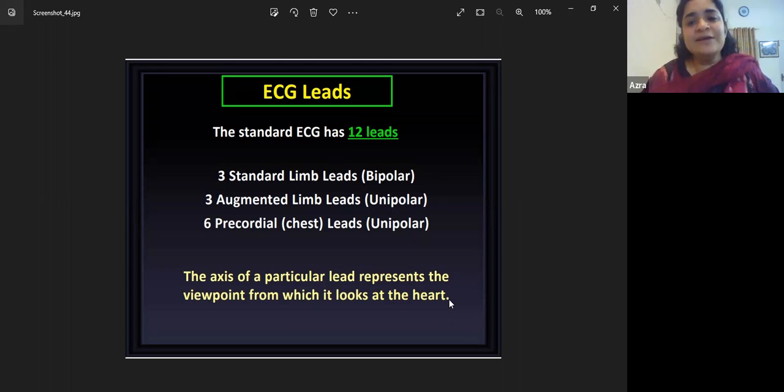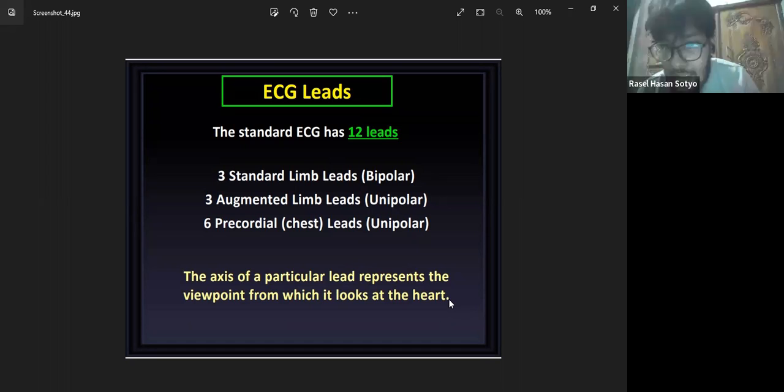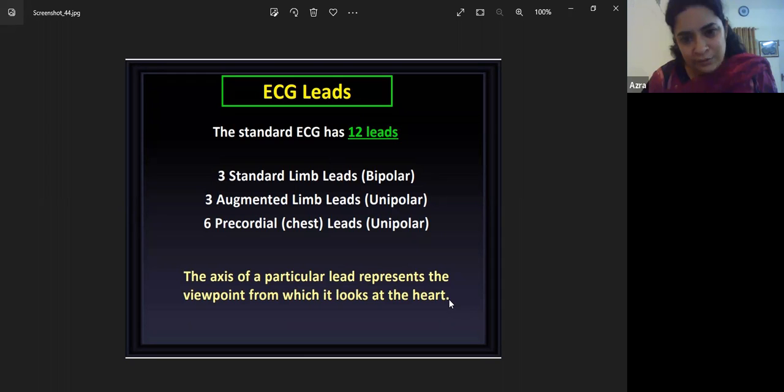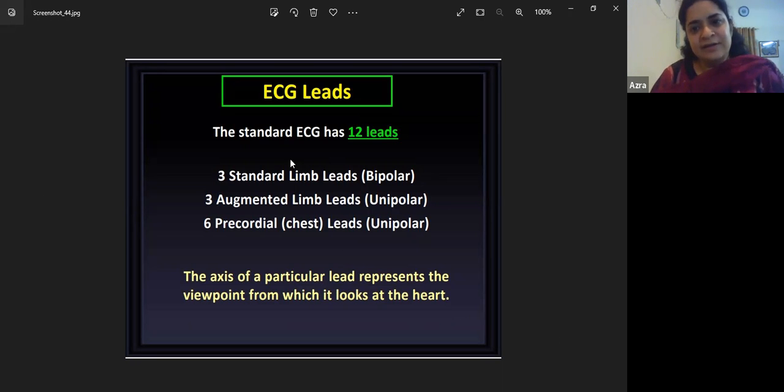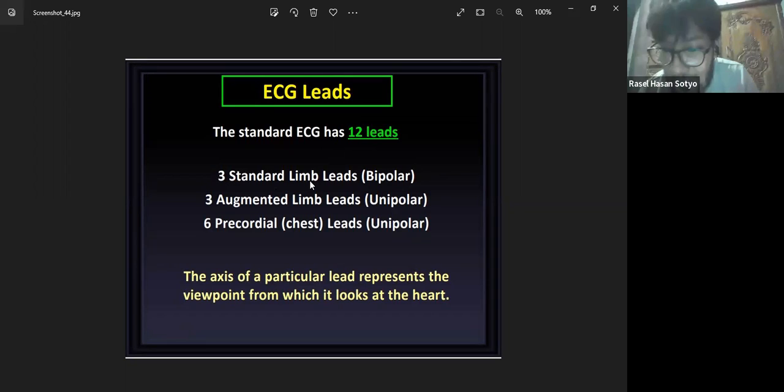So actually here we are using the 6 precordial leads. In the limb leads, there are 4 limb electrodes we attach to the body. Look at the 12 leads. No, ma'am, I said it practically.